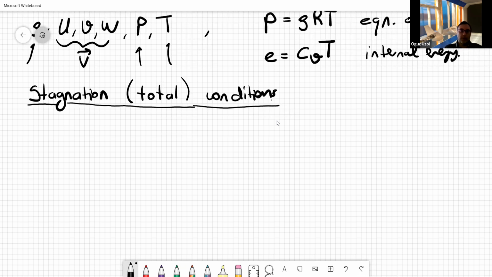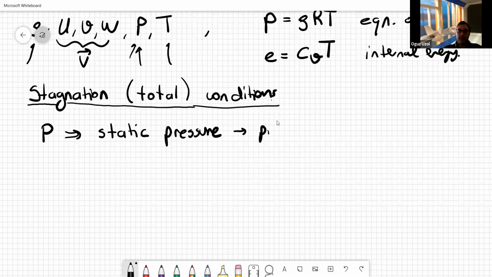So the one that we know as P, for example, in this list we have P here, right? That P, a more proper way to name it, we call it actually static pressure. So it's actually the pressure when you are a fluid particle and you are just following a streamline around any object. That is the pressure that you feel on your body.